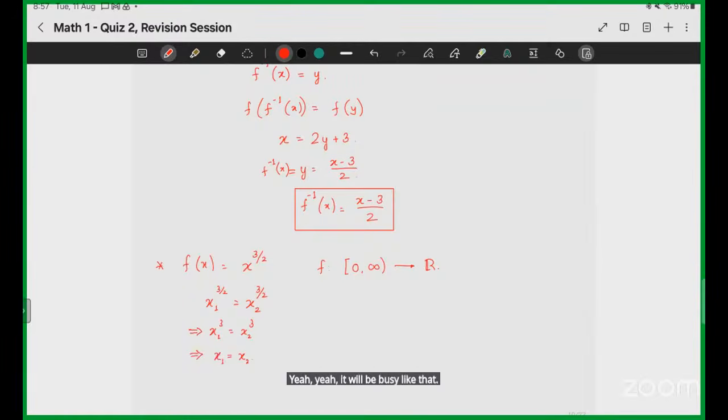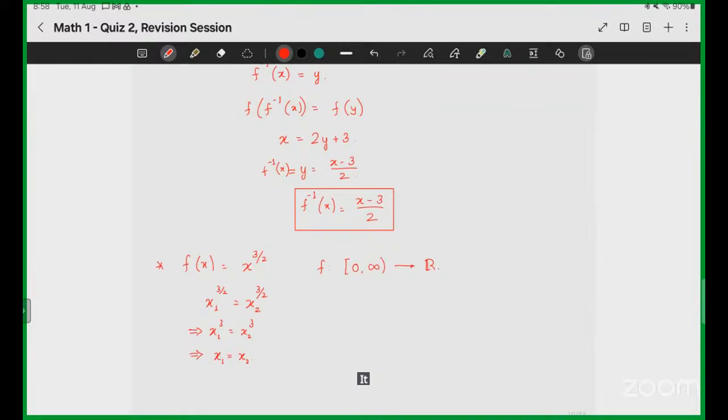What is the range of this function? Anyone? 0 to infinity, sir.